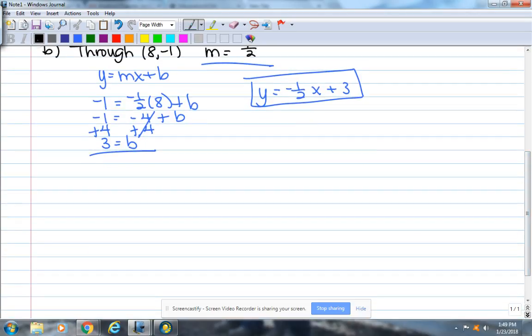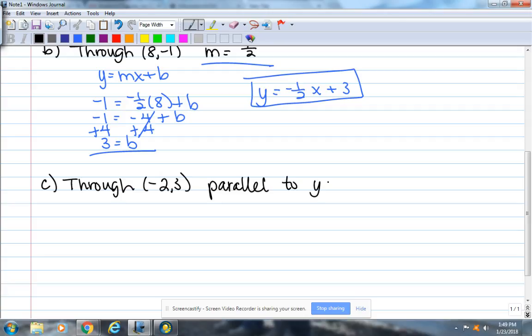Next thing we're going to do is use this and talk about parallel and perpendicular lines. So this time we want to go through the point (-2, 3), and we want to be parallel to the line y equals -4x plus 1.